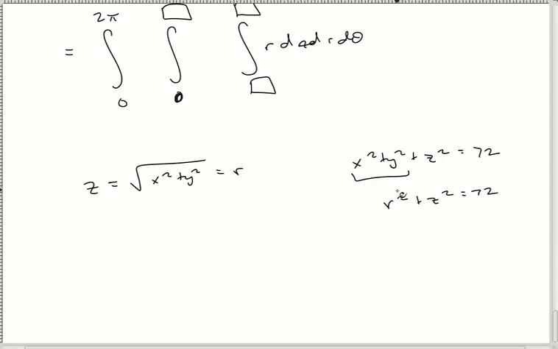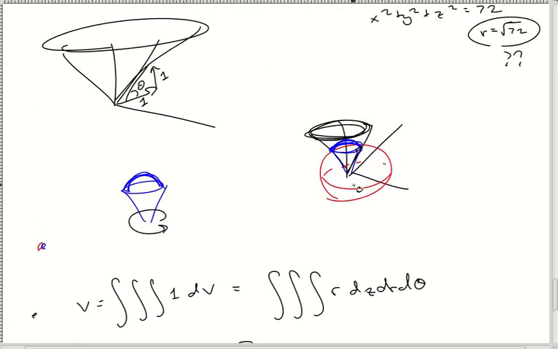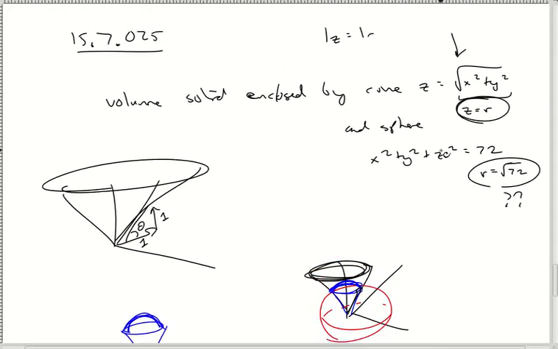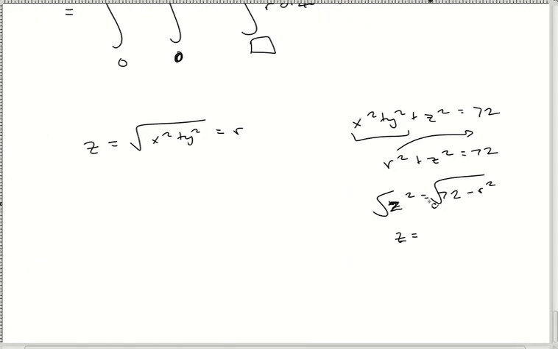And if I get z by itself, I'm going to move the r over. So z squared is equal to 72 minus r squared. Square root both sides. And I'm assuming that this is going to be positive because the cone... actually, I wonder if there's part in the bottom as well. Oh, no, because it's a positive cone, it's only the top. Okay, so we can say just positive here as well. That's fine. So it's positive square root of 72 minus r squared.